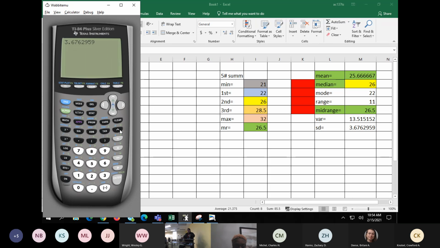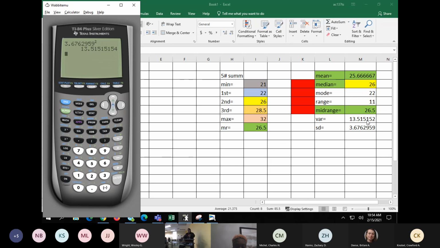Don't you dare walk into my math class and call that a house top. It's a caret symbol, K-A-R-E-T. Raised to the 2nd power, and there's your variance, 13.51.